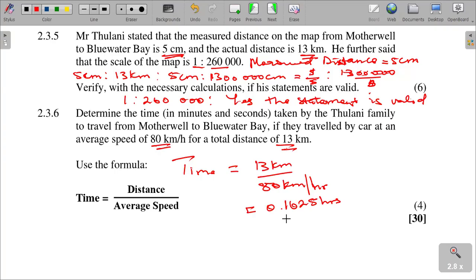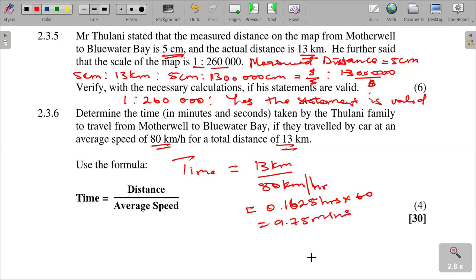So then we say that multiplied by 60, and then we can get our answer in what? In minutes. So if we multiply, this is gonna give us 9.75 minutes.